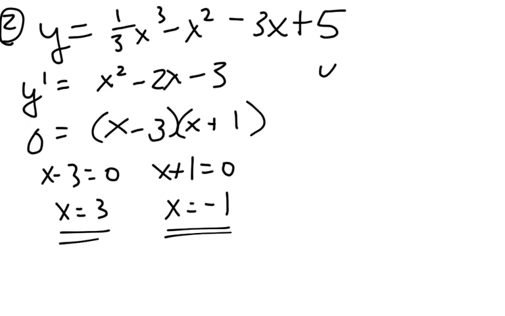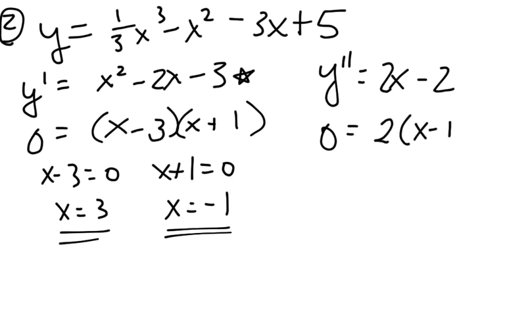Now I'm going to do my second derivative. So the derivative of the first derivative function, 2x minus 2. Set that equal to 0, and it is factorable. Now if you set 2 equal to 0, it does not equal 0, so that does not produce a zero of the second derivative, but x minus 1 equals 0 gives you x equals 1.